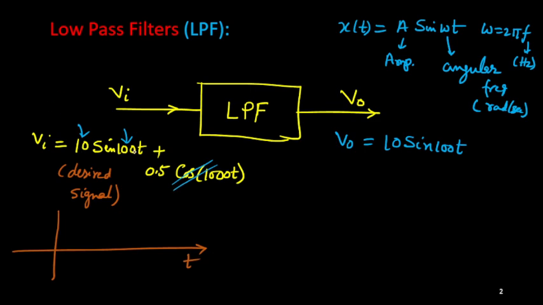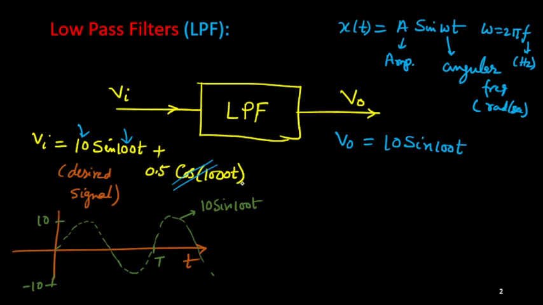This 10 sin 100t we can draw as a sine wave. This is your magnitude 10 and the lower side is minus 10. This signal, the green one, I am calling 10 sin 100t. We can define the time period accordingly.